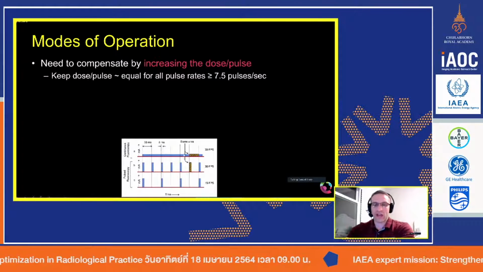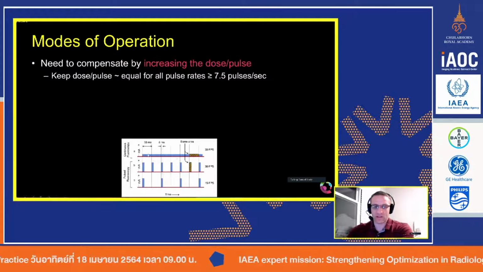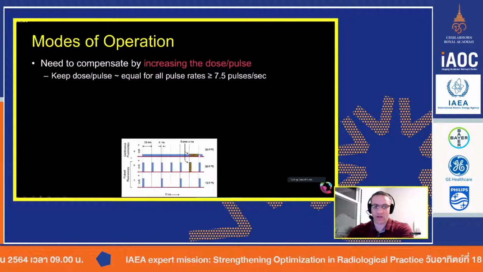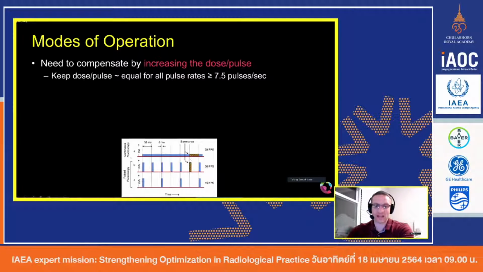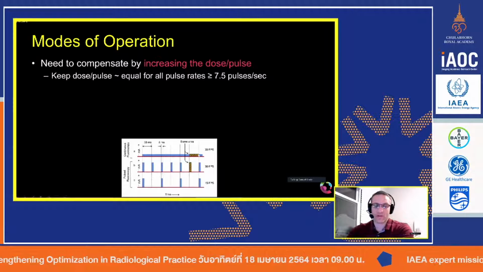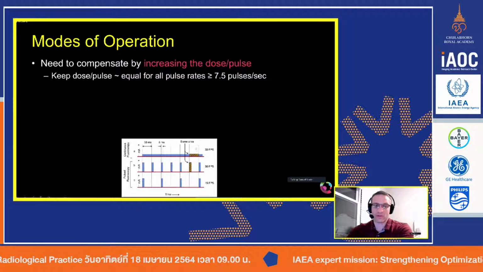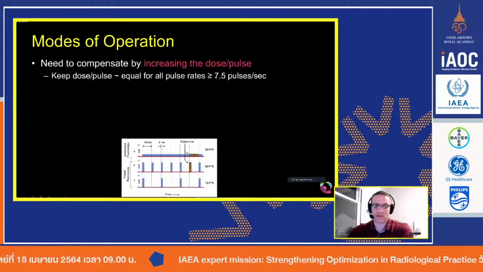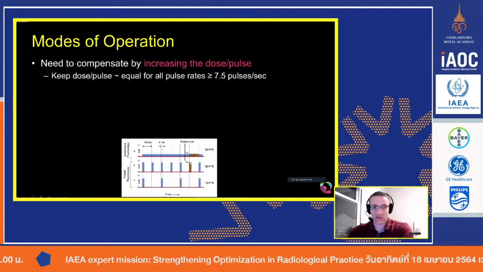So when you look at it mathematically, if you have continuous fluoro over 33 milliseconds, you have this area on this graph. We want to keep this area the same when we pulse it. So if we acquire the same number of photons in that 33 milliseconds, but now we acquire that same number of photons in only 8 milliseconds, well, that's great.